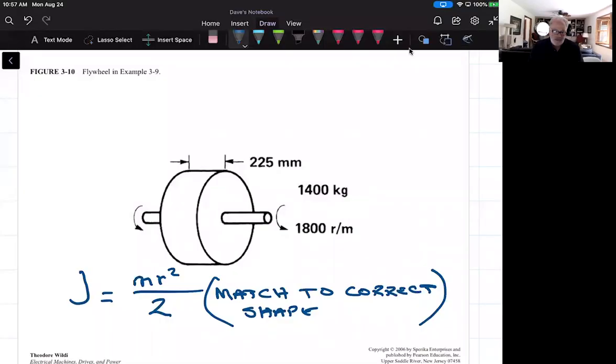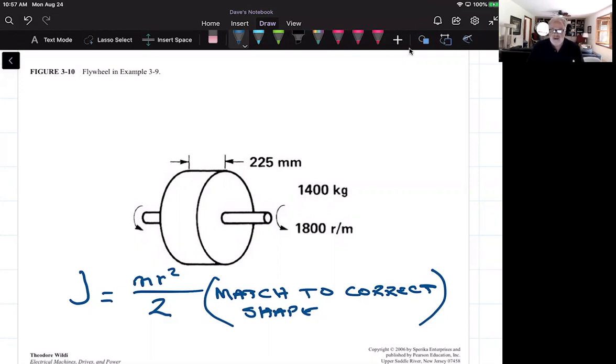So the first problem is example 3-9, showing us figure 3-10. And what this represents, it's a flywheel. I'm going to go into some discussion about a flywheel and how they're used together with rotating electrical machines in another segment.